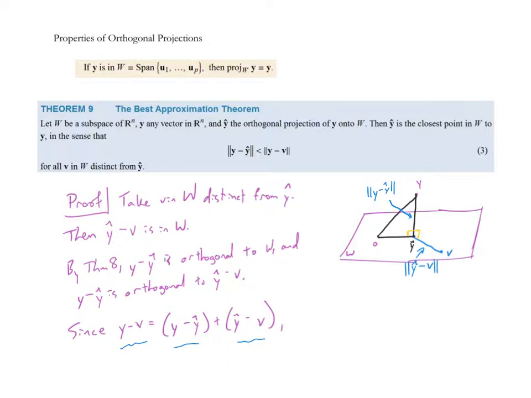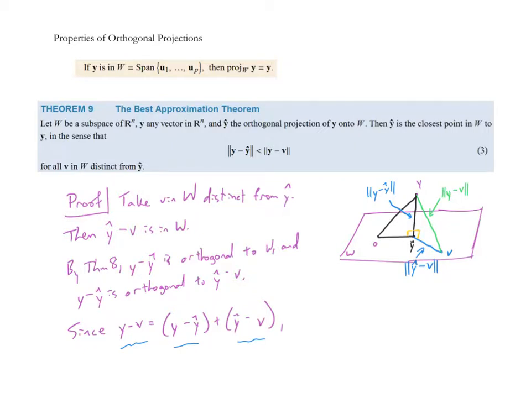Actually, let me make it green so we keep all color-coded awesomeness. This green vector is y minus v. And again, I'm going to label that with the length of y minus v, talking about the actual green line segment. Okay, so that's where everything is in our picture.